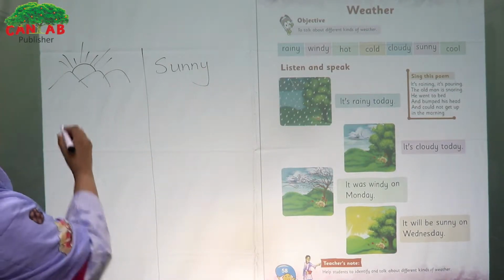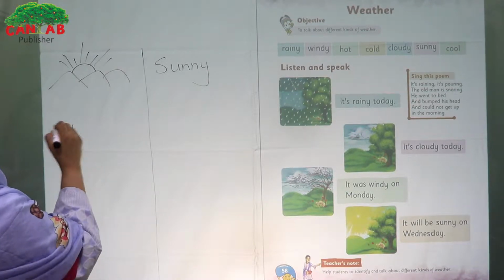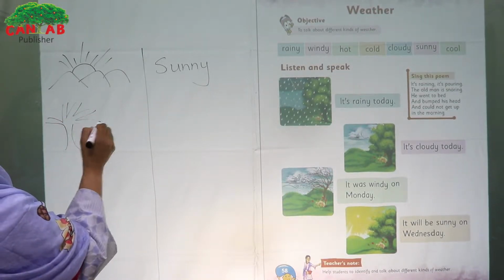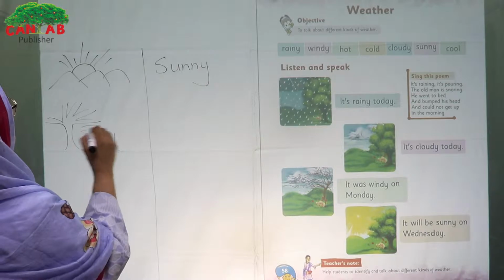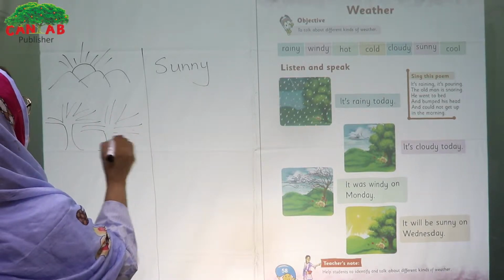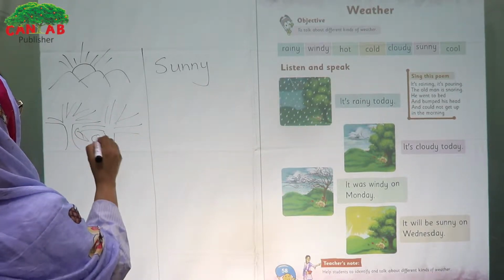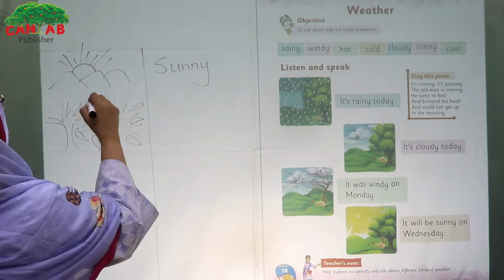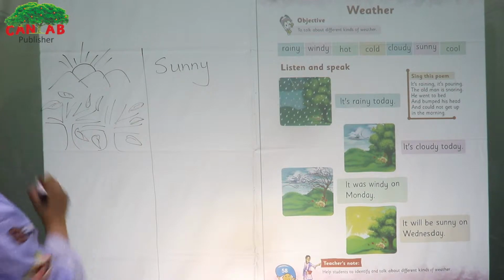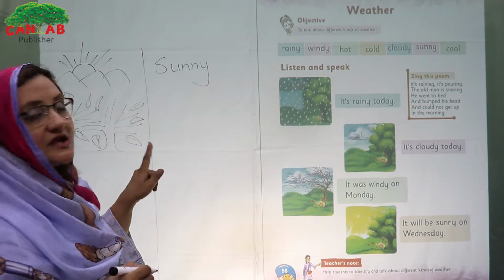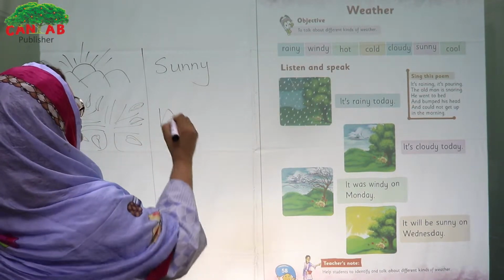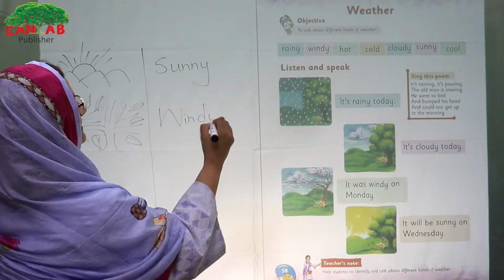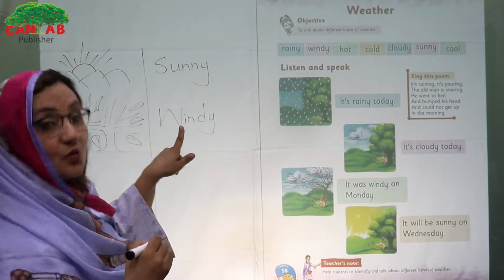Now look at what I am going to do. I am going to make some trees like this, and leaves are falling down from the trees. It means I have drawn a picture of a windy day. Yes, it's windy.